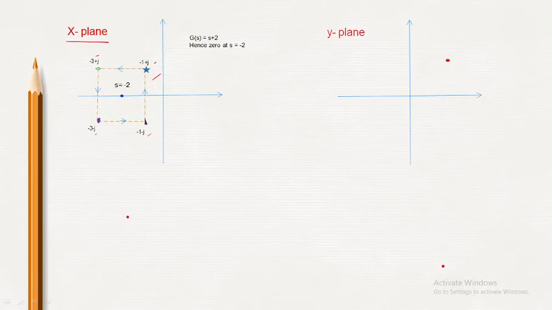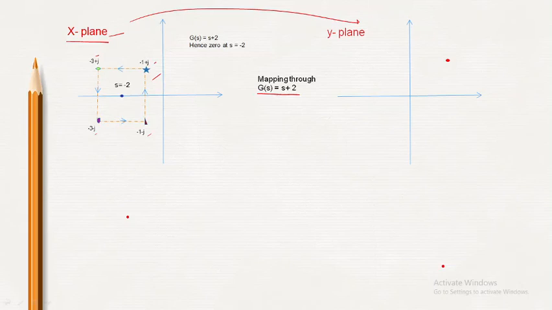Now, when mapping a contour, you know that we have to take a function. Through that function, the contour from the X plane can be converted into any other plane, say the Y plane. So let us do the mapping through the function G(s) equal to s plus 2.